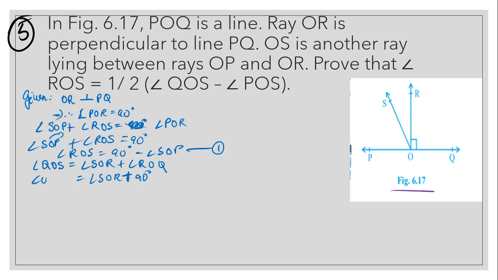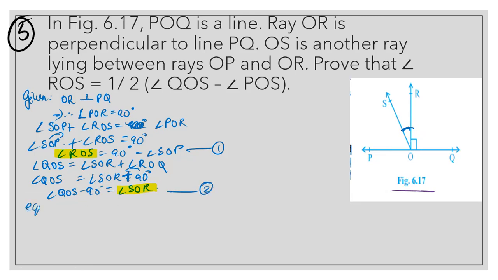So angle QOS is equal to angle SOR plus 90 degrees. So can I say that angle QOS minus this 90 degrees, I'll take it to the LHS, is equal to angle SOR, correct? Now what is angle SOR? This angle. Now what is angle ROS? That is also the same thing. So can I say that this one and this one are the same angle, right? Yeah. So now let's consider this as equation number 2.